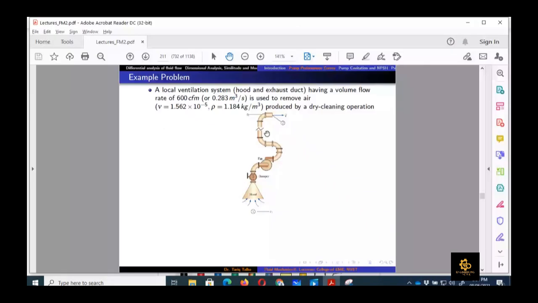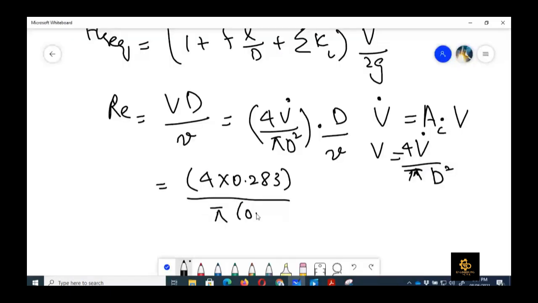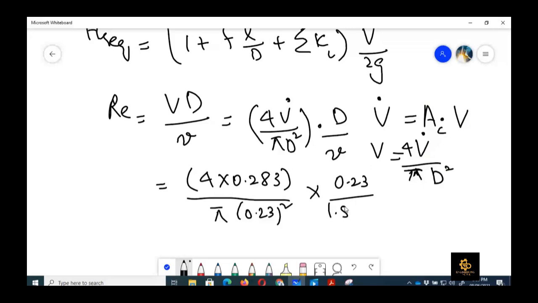If you see here, the inner diameter of the duct is 0.23 meter. So we put it here, 0.23 square into diameter 0.23, divided by viscosity, which is also given in the data, 1.562 into 10 to the power minus 5. So the Reynolds number comes out to be 1 into 10 to the power 5.